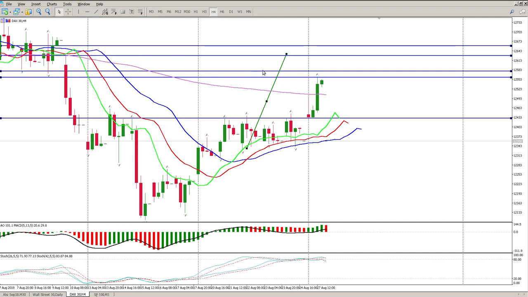So those are my upside targets. First and foremost, we're looking for 125.80, then 126.30, and then 126.60.